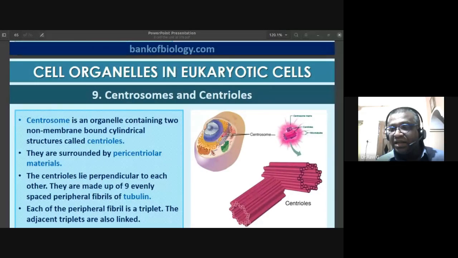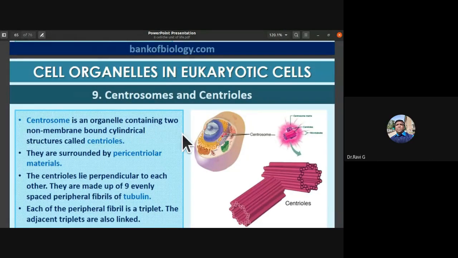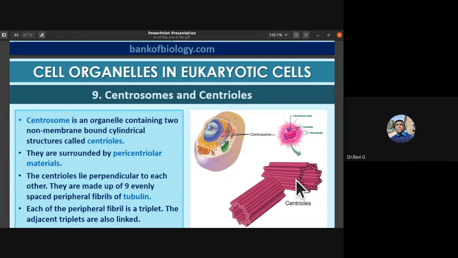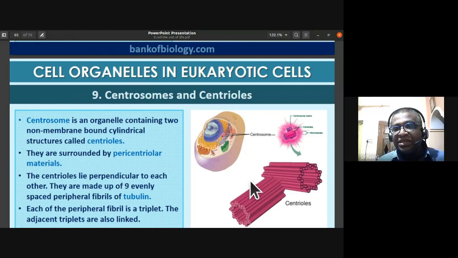So let us understand this part. The centrosome is an organelle which contains two non-membrane bound cylindrical structures, which we call centrioles. They are surrounded by pericentriolar materials. The centrioles lie perpendicular to each other.